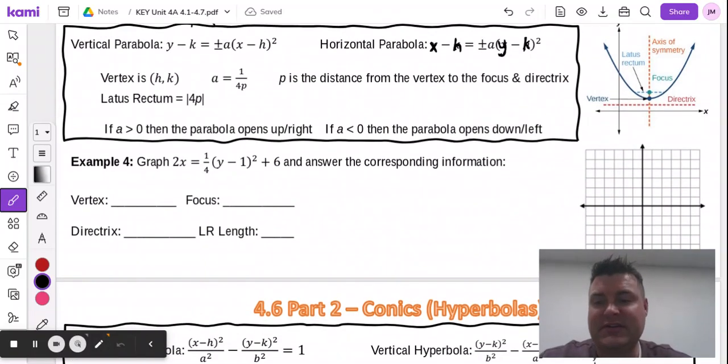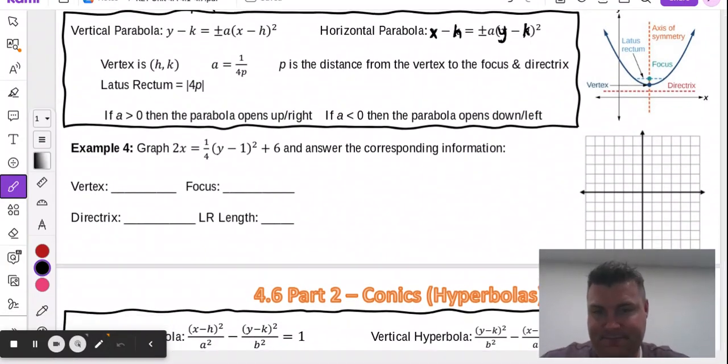Let's go ahead and go through this, and we're going to graph. We're going to do example 4 and just graph everything here. First things first, this is not in standard form. I want this to be an x minus something or plus something on the left-hand side, or a y minus plus something on one side. So I'm just going to subtract 6 on both sides.